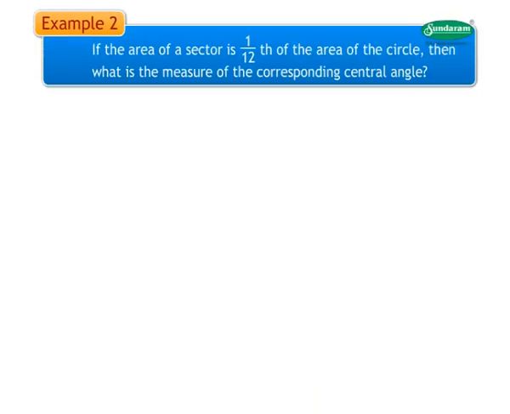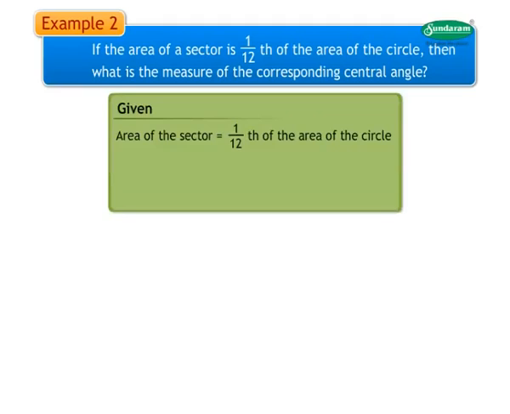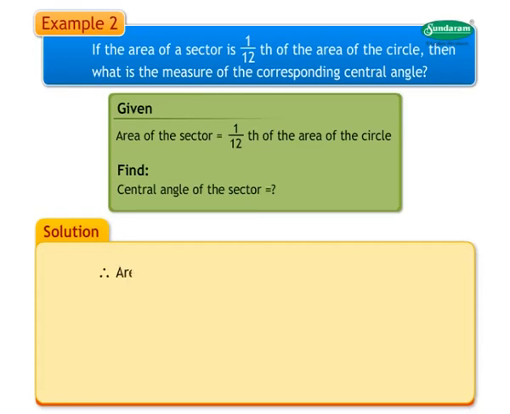Example 2. If the area of a sector is 1/12 of the area of the circle, then what is the measure of the corresponding central angle? Given area of the sector is equal to 1/12 of the area of the circle. To find central angle of the sector. Solution. Area of the sector is equal to 1 upon 12 into area of the circle, as given.